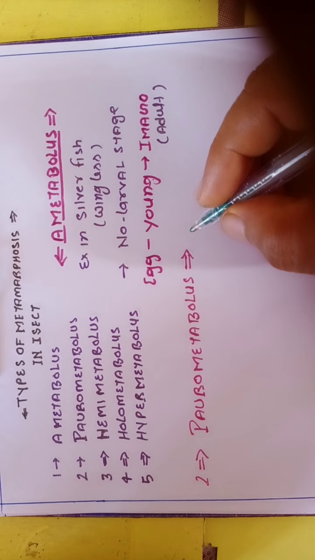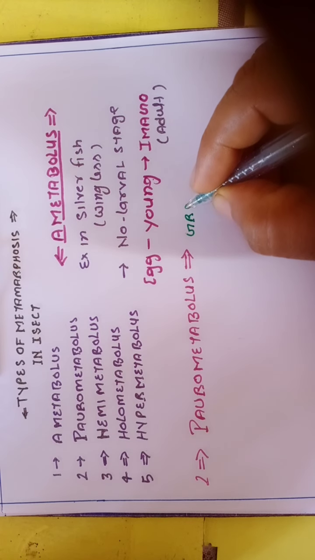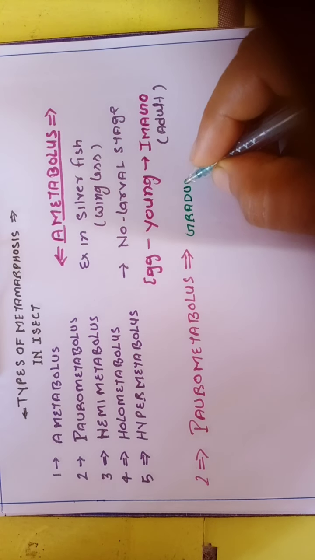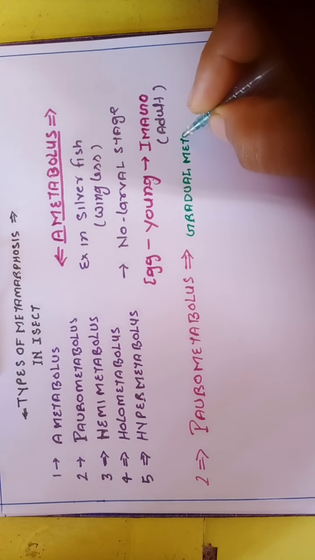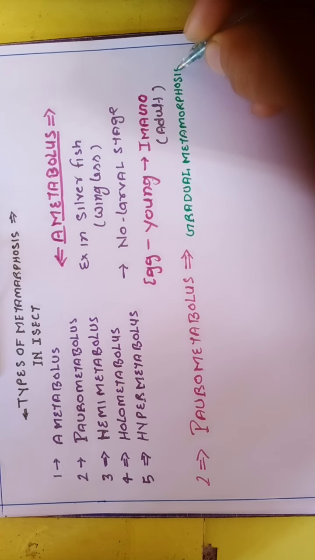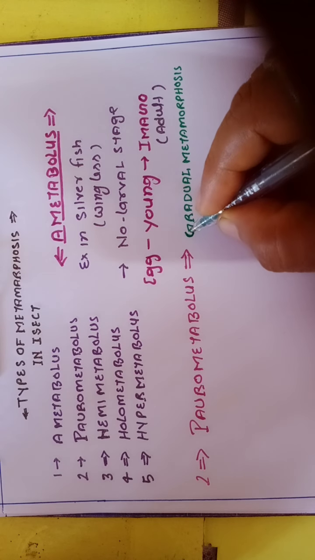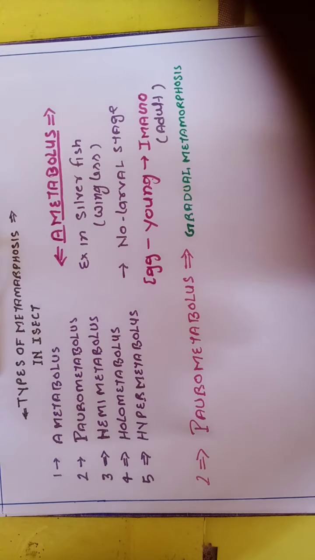Try to understand this point. Gradual metamorphosis, so simply you can understand that it is a very slow type of metamorphosis. That's why it is known as pleurometamorphosis. It is found in the cockroach.